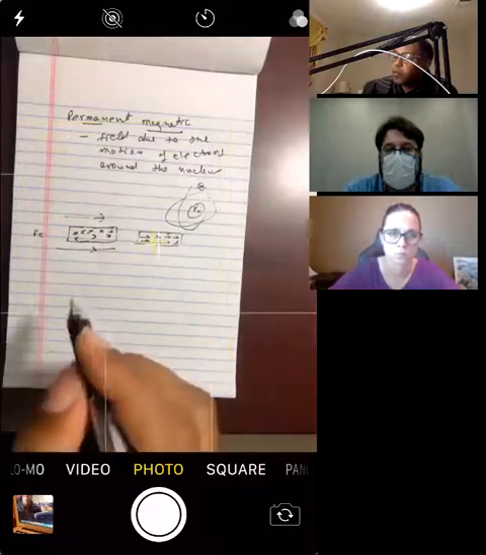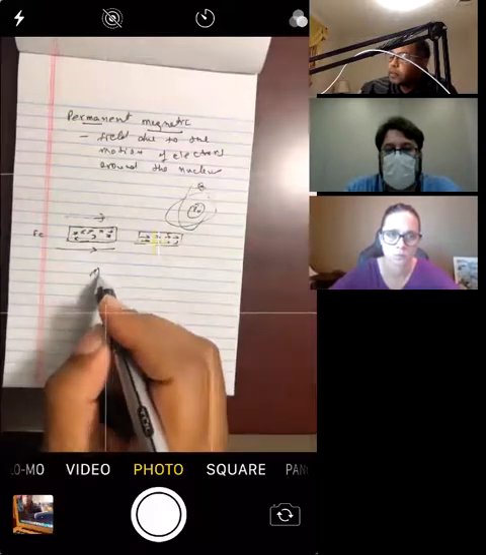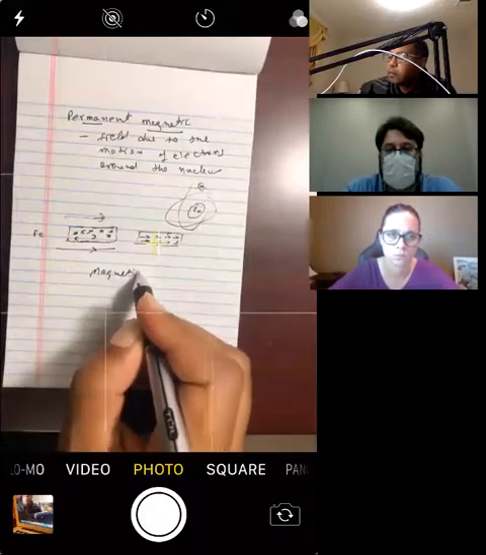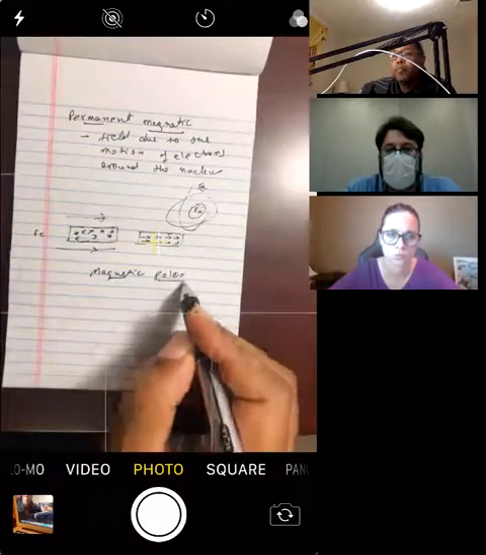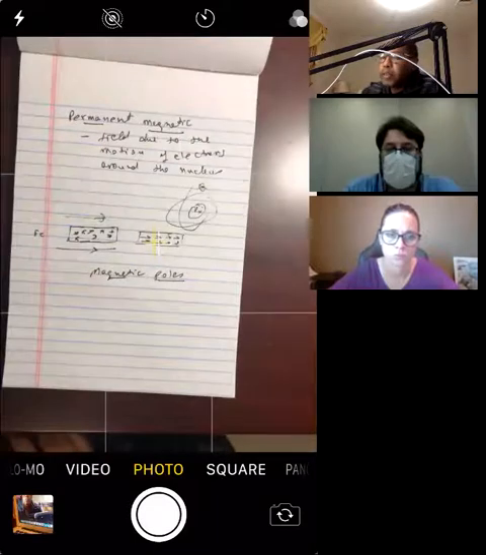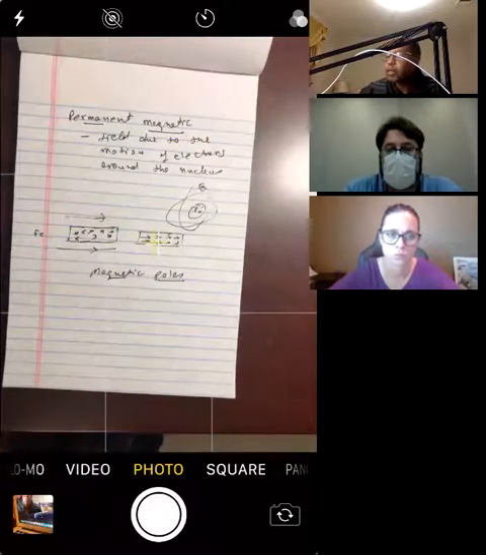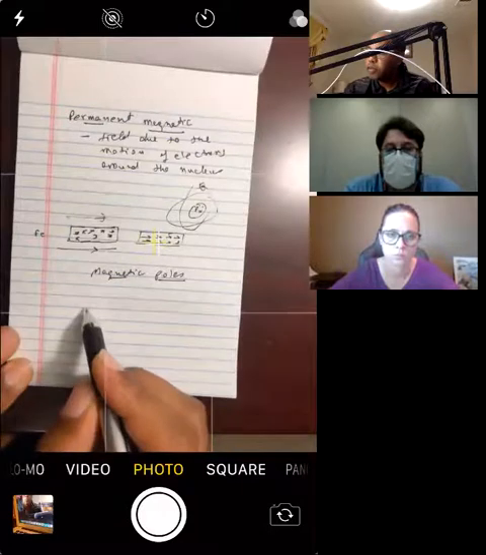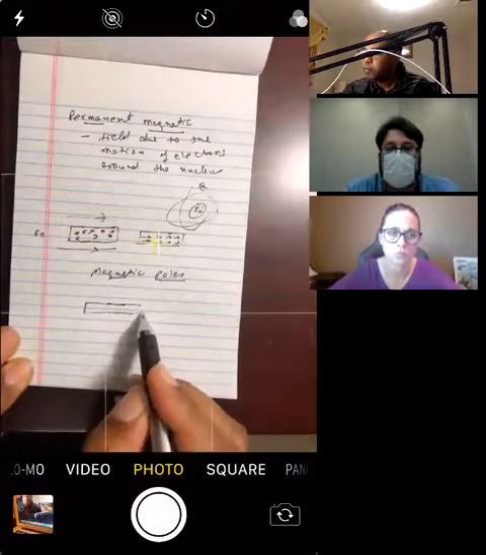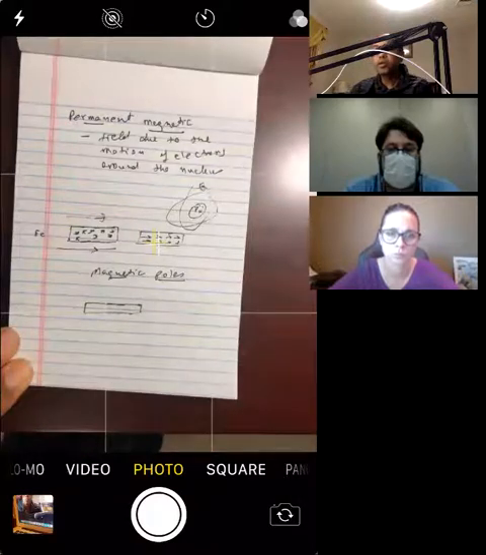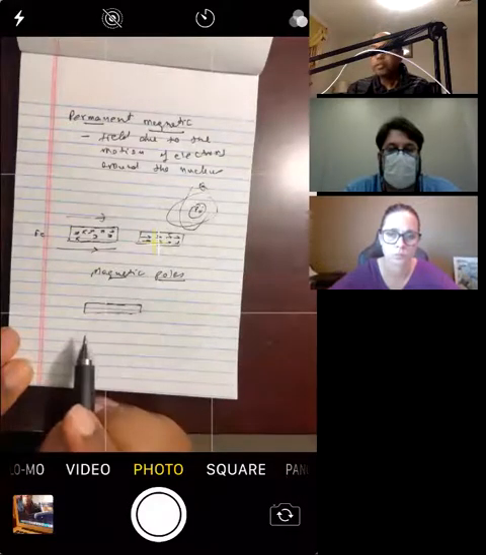Now let's talk about poles, magnetic poles. Now for a permanent magnet, there are two places where the magnetic field comes out and the magnetic field comes in. Let's say you have, you've seen the experiment we did last time, let's say a rectangular magnet like this.